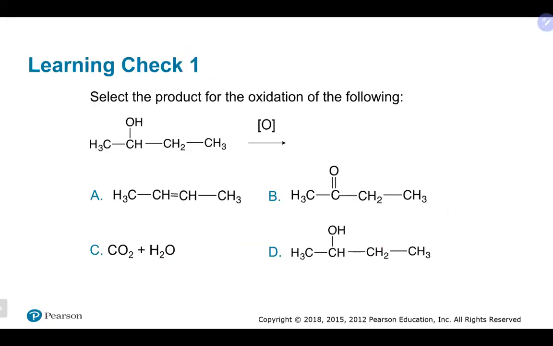All right, so why don't you take a moment here and figure out what is the product of this oxidation. Primary, secondary, tertiary, secondary. By the way, when I oxidize a secondary alcohol, what should I end up with? Not the aldehyde, but a ketone, yeah?